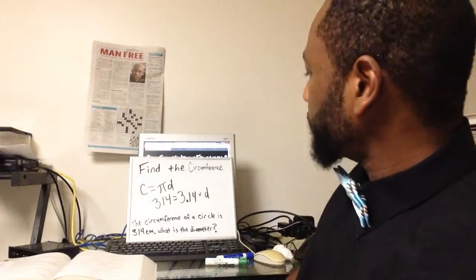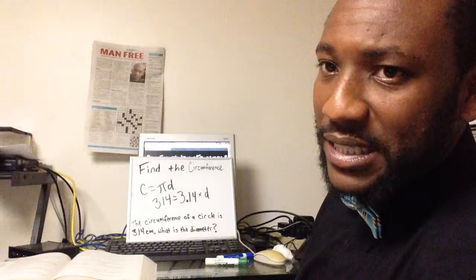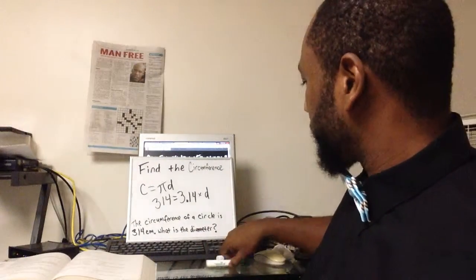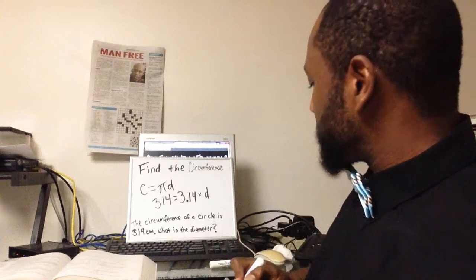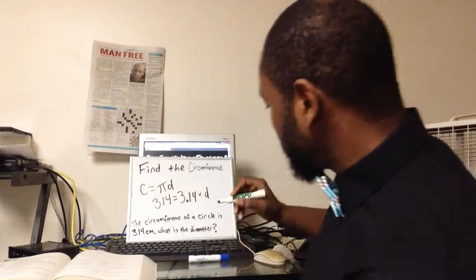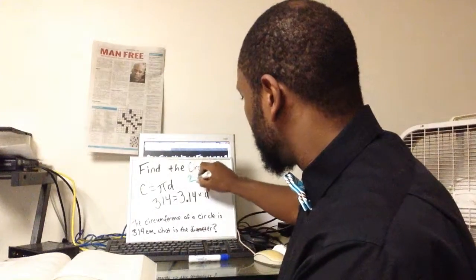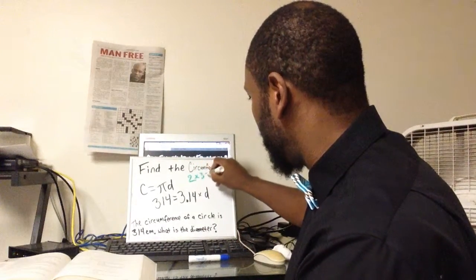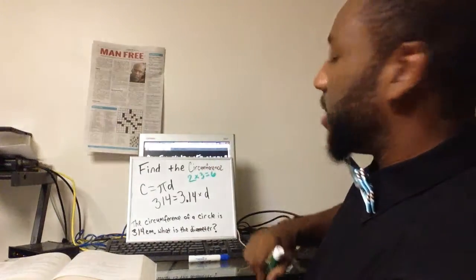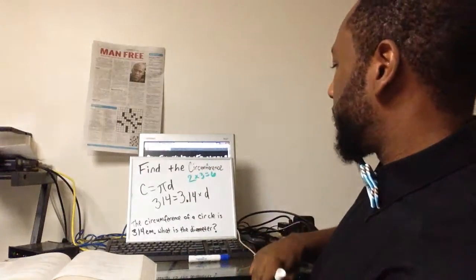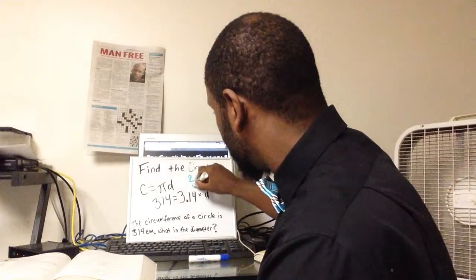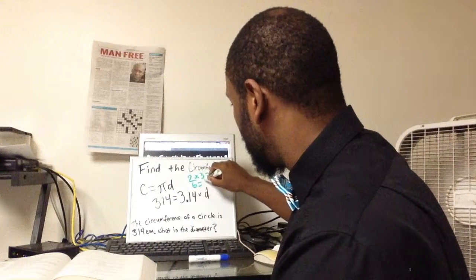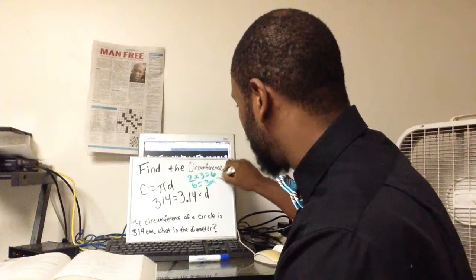And so a good way to think about this is 2 times 3 equals 6, and then to go backwards from there, 6 equals 3 times 2.